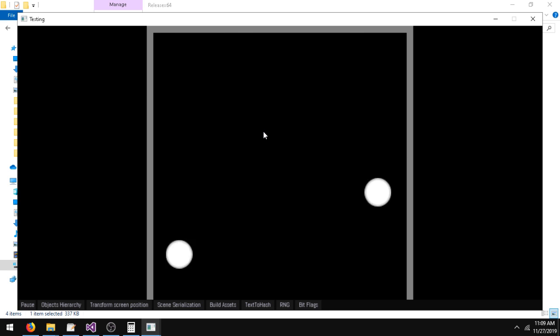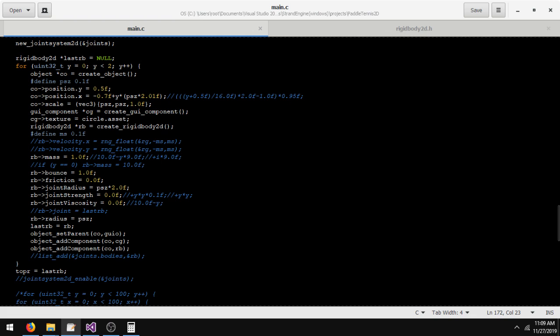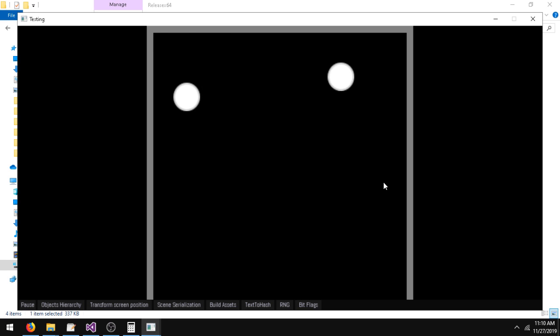Alright, now let me make sure this works with different masses of objects. Okay, so with bounce here, it would bounce off of this.